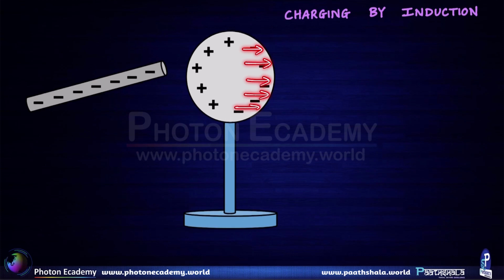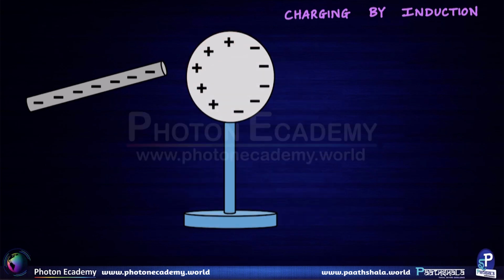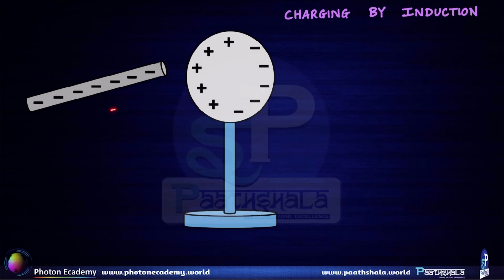Hence the portion of the uncharged body that is away from the incoming negatively charged rod is going to be effectively negatively charged, leaving behind gaps or lack of electrons, which is reflected as the positive charge of the remaining nuclei on the part of the body closer to the incoming rod. Now this is the charge configuration in the uncharged neutral body when a negatively charged rod approaches it.